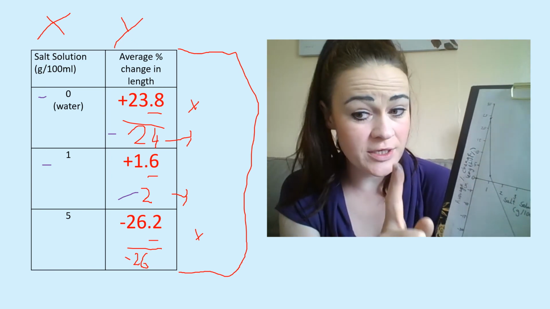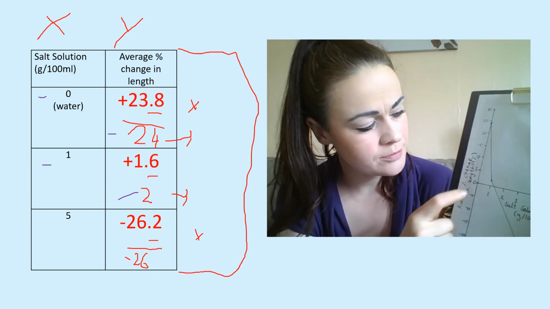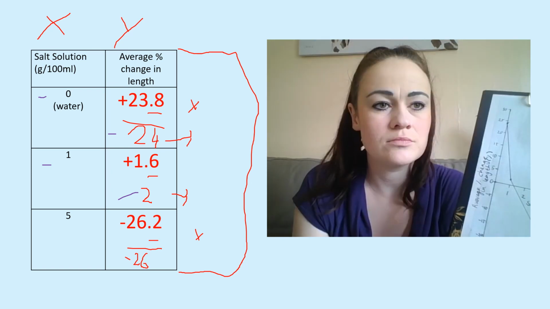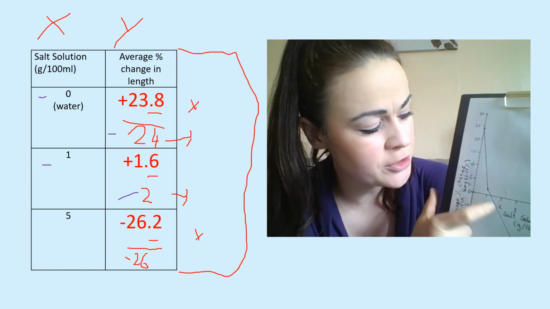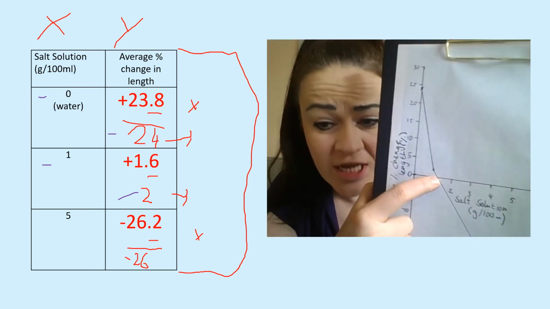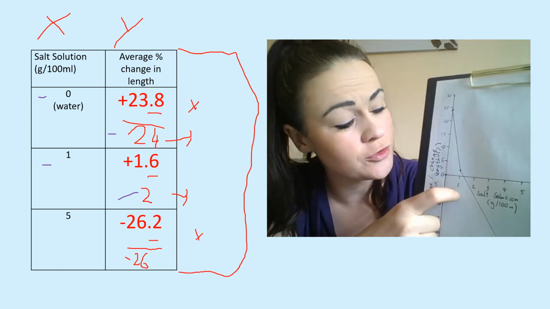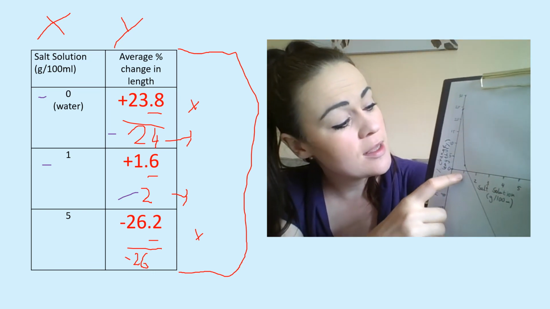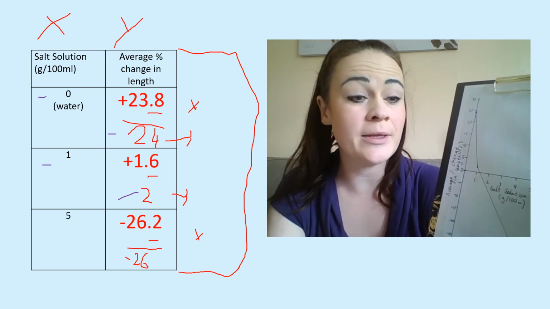Now, just to add this in, if we had a salt solution that was here, which would be 1.3 grams of salt per 100 mils, we can predict that we would have no change in the size of the potato, which would indicate that there was the same amount of water going into the potato as going out, so it was balanced.